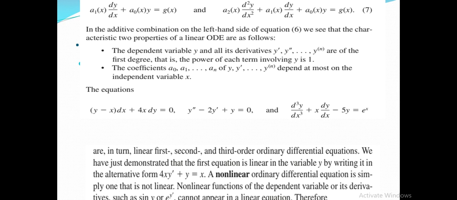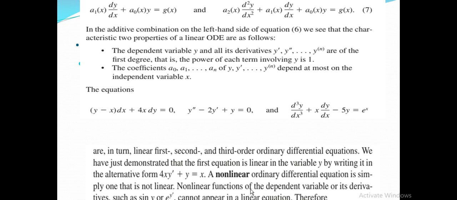The equations in front of you: y minus x dx plus 4x dy equals 0, y double dash minus 2y dash plus y equals 0, and d cube y over dx cube plus x dy by dx minus 5y equals e to the power of x are, in turn, linear first, second and third order ordinary differential equations.